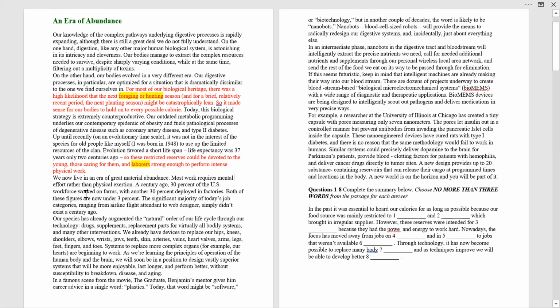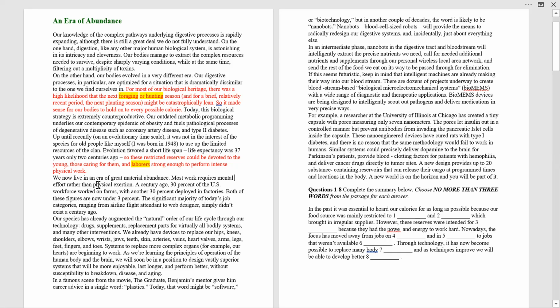So what it says now, we live in a, because we have to read forward. Okay, here we got our answer, you see.